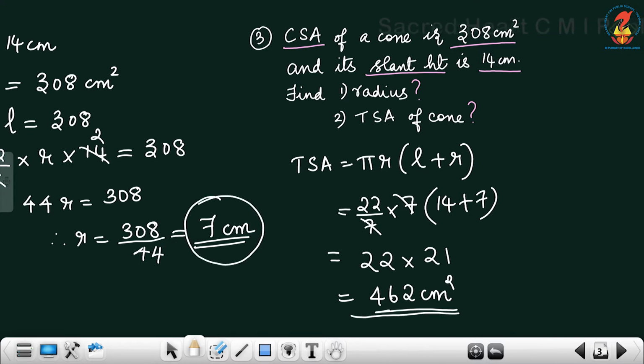So you got the radius as 7 centimeter and TSA as 462 centimeter square. In surface area and volume, writing the unit is very, very important.